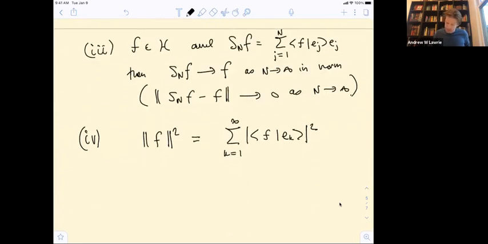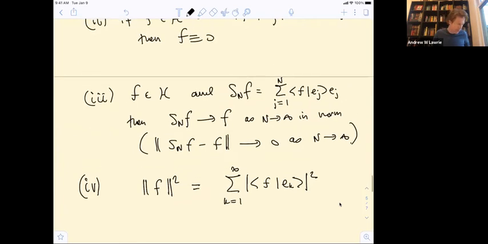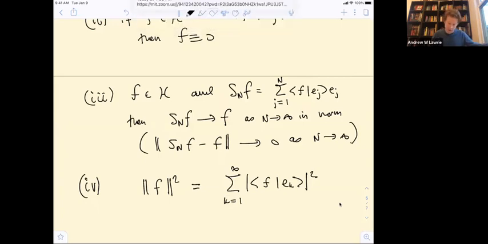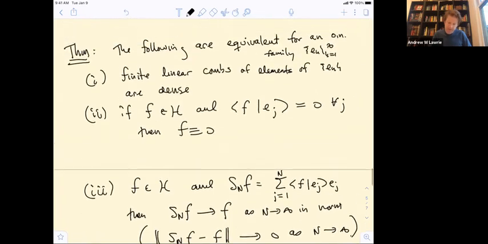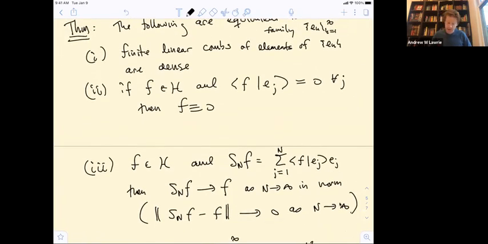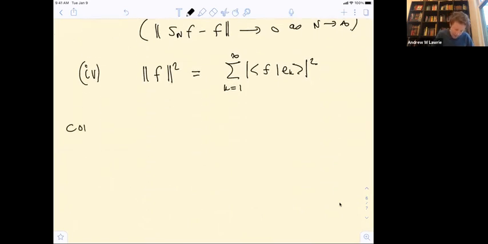What I wanted to say is that this is an abstract statement about Hilbert spaces, but as a corollary to the statement is the following theorem about Fourier series.